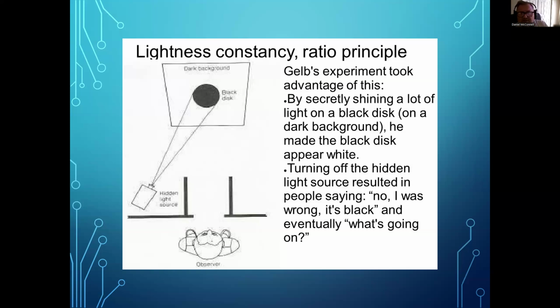against a dark background. Even though the thing itself is black, they see it as white, because to them it is very, very bright in relation to a dark background. You turn off the light and suddenly it's like, whoa, it's black, right? So what's happened there is that what Gelb did is exactly what happened in the dress image. He has made the relationship between the observer, the object, and the light source and its distribution across the scene ambiguous.